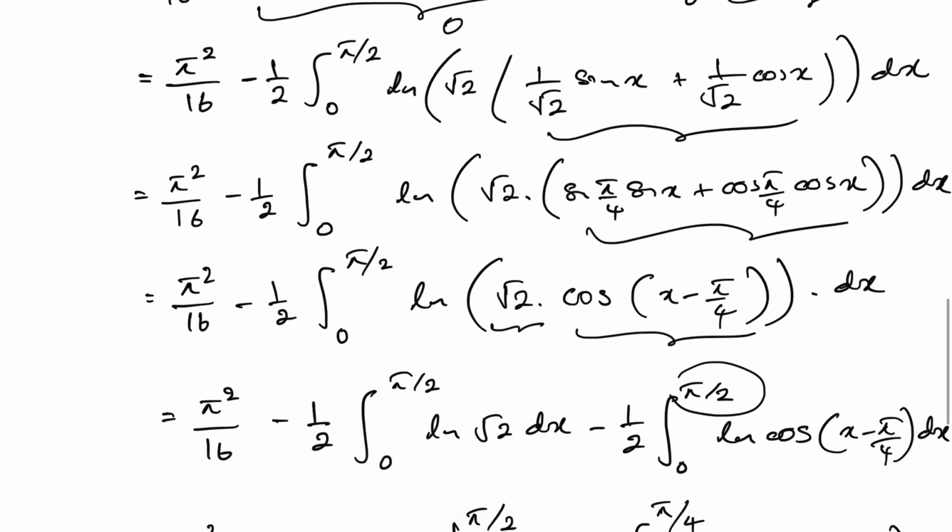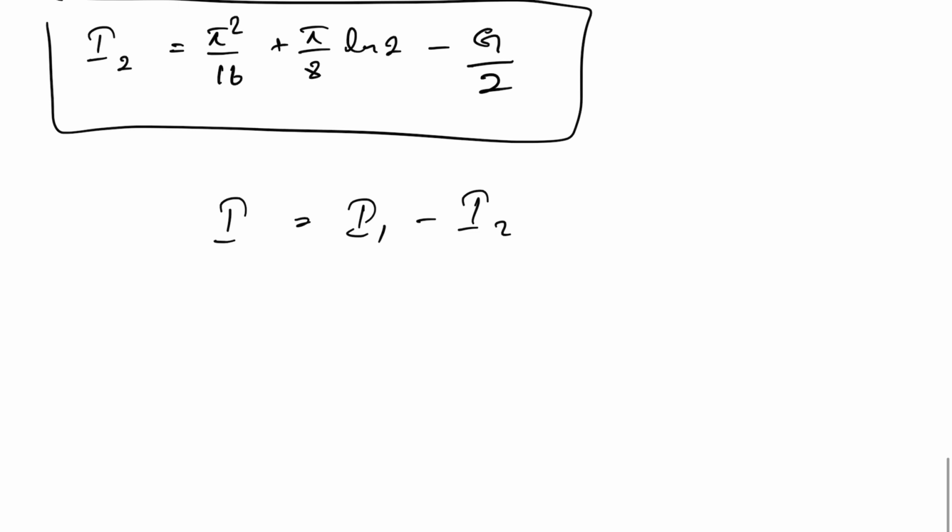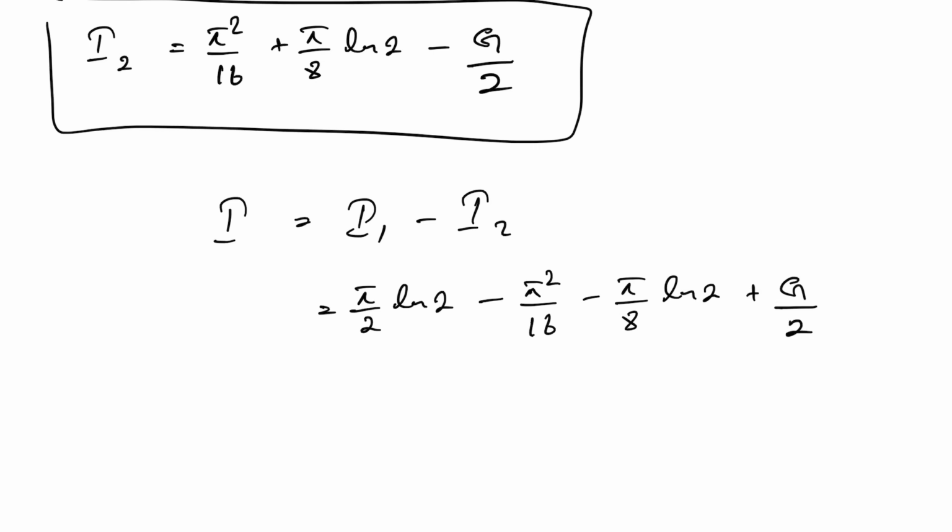So we have pi over 2 natural log of 2, then minus I2. So we have minus pi squared over 16 minus pi over 8 natural log of 2 plus G over 2.